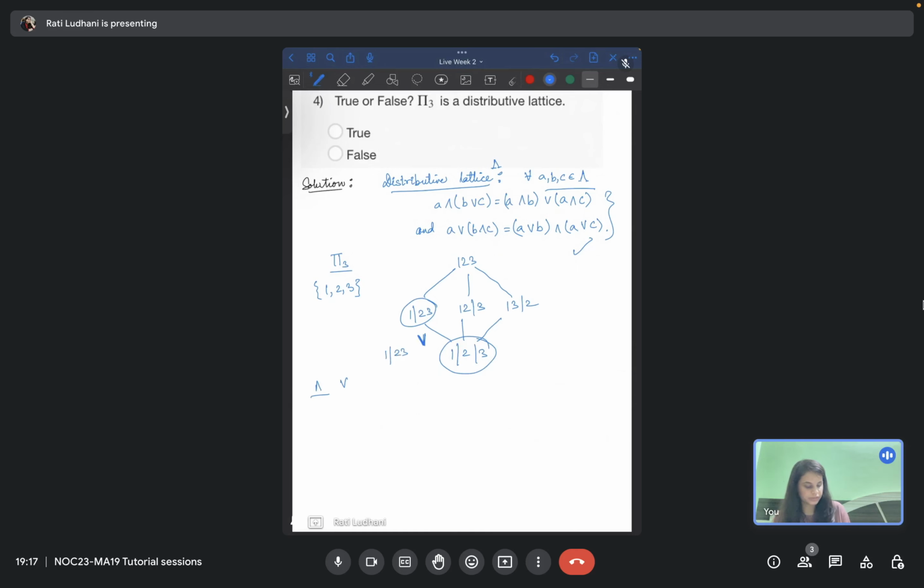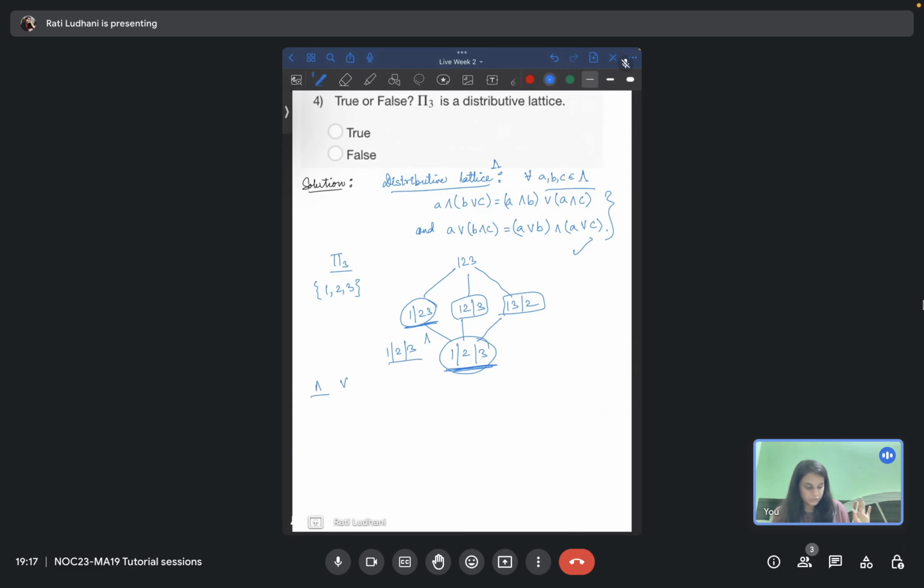Yeah, exactly, very good. Similarly, if you take the join with this element, you will always get this above one. And if you take the meet of this and this element, one bar two bar three. Very good, yeah. So this will be your meet.